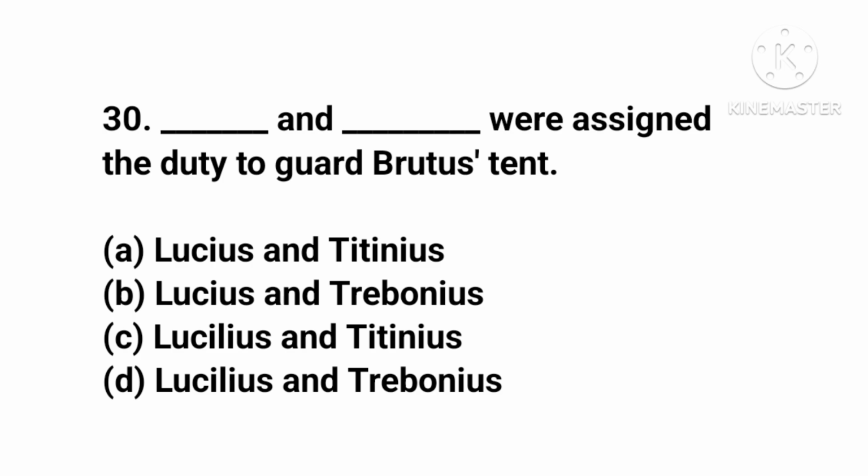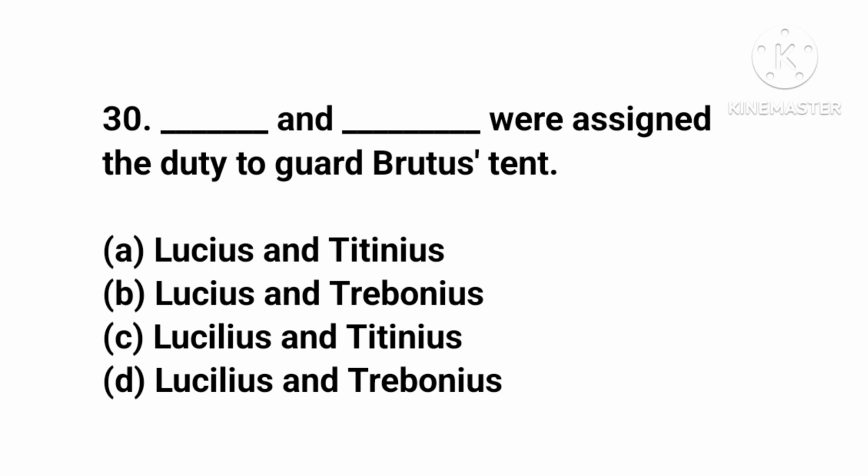Number 30. Dash and dash were assigned the duty to guard Brutus's tent. Option A, Lucius and Titanius. Option B, Lucius and Trebonius. Option C, Lucilius and Titanius.